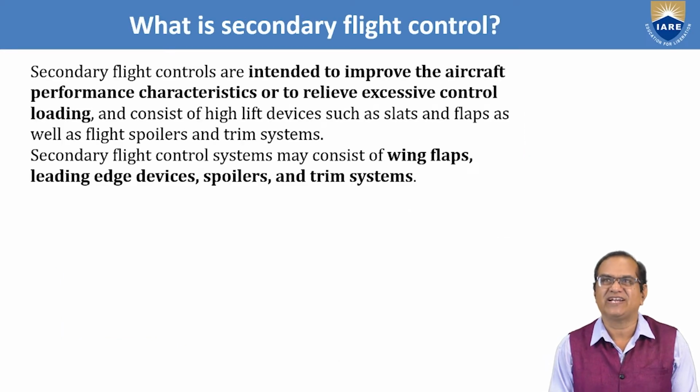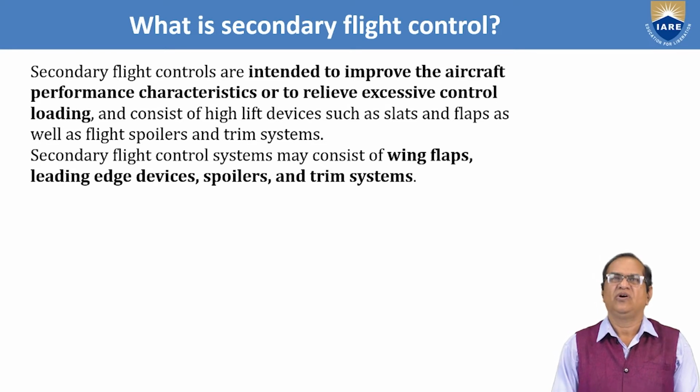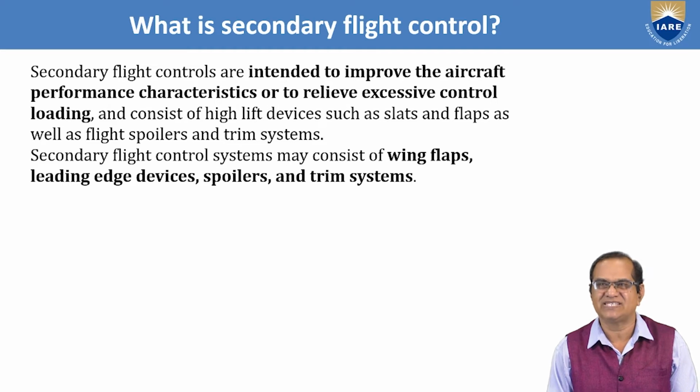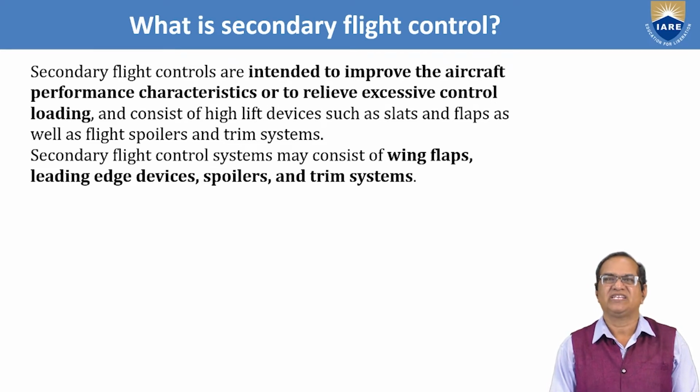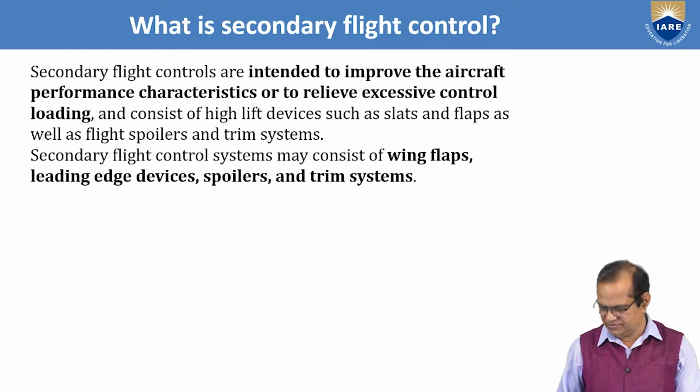What is the secondary flight control system? The secondary flight controls are intended to improve the aircraft performance characteristics or to relieve excessive control loading, and consist of high lift devices such as slats and flaps as well as flight spoilers and trim systems. Secondary flight systems may consist of wing flaps, leading edge devices, spoilers and trim control systems.